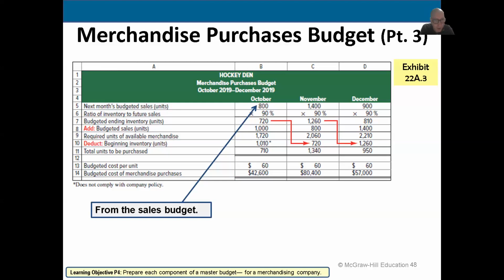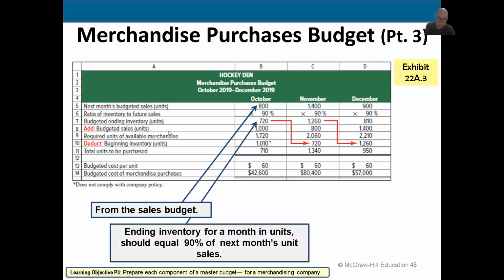We take the sales budgeted times the inventory of future sales percentage equals the ending inventory plus budgeted sales, gives us required units we need minus the beginning inventory equals the number of units we need to purchase. Take the number of units we need to purchase times the purchase cost, gives us the cost of merchandise for the month. It's a very, very similar process.